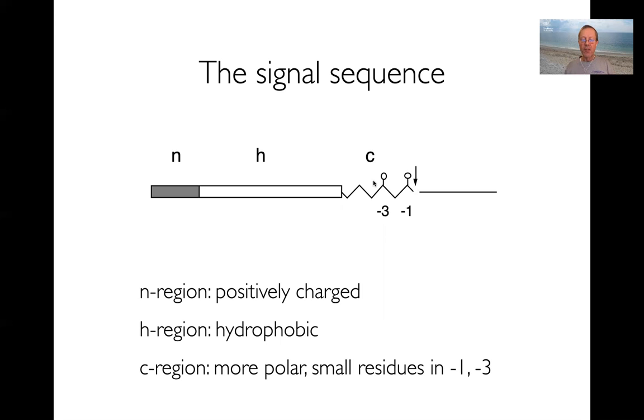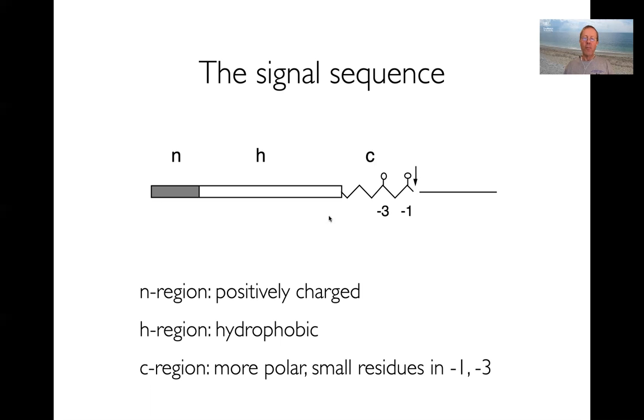And looking more closely around this cleavage site, it appeared that there was a small conserved sequence motif, namely that the residues right before the cleavage site and two positions upstream, namely in positions -1 and -3 relative to the cleavage site, seem to require an amino acid with a small side chain, such as glycine or alanine or serine, to direct the cleavage enzyme to the correct cleavage site.